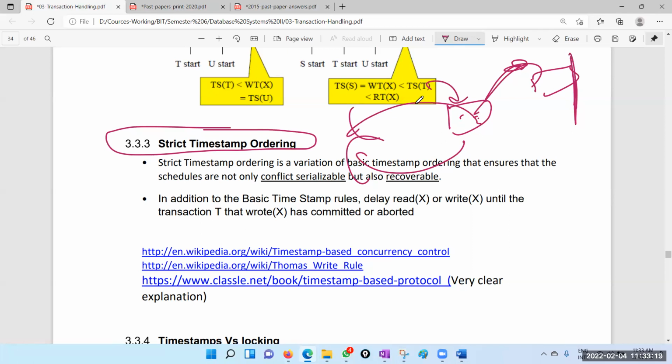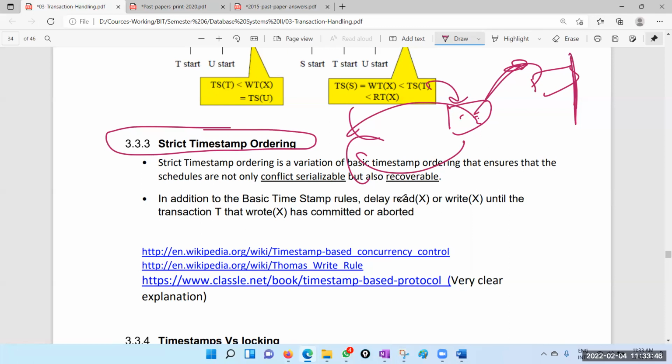So in order to prevent this issue of irrecoverable schedules, we can use the commit bit as well. If the commit bit is false, that means the last transaction that wrote to that item has not committed yet.